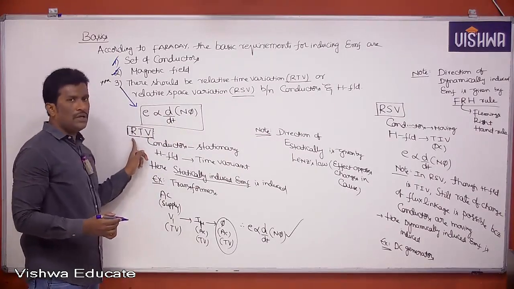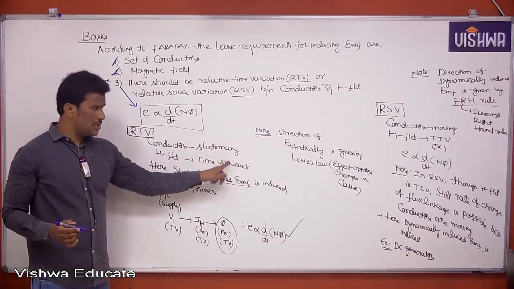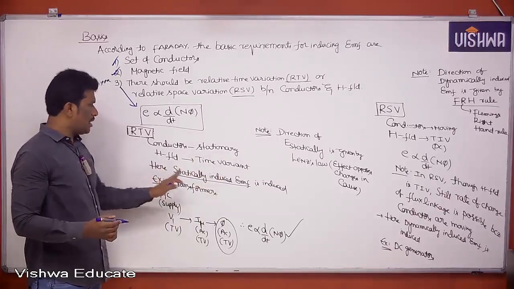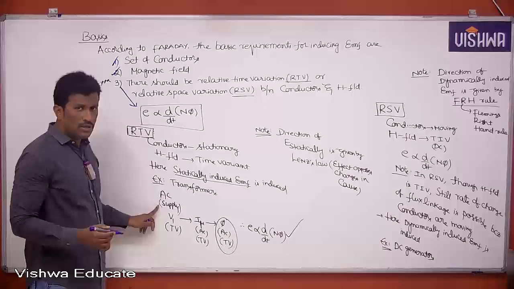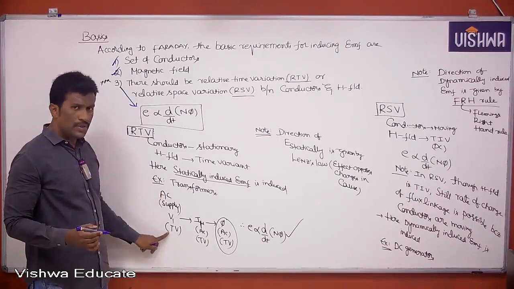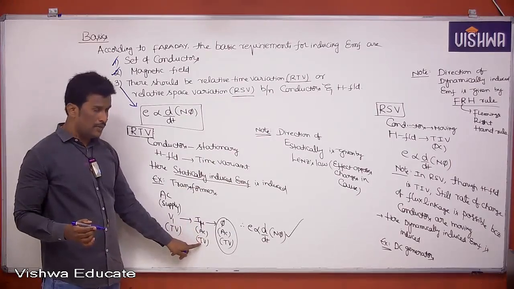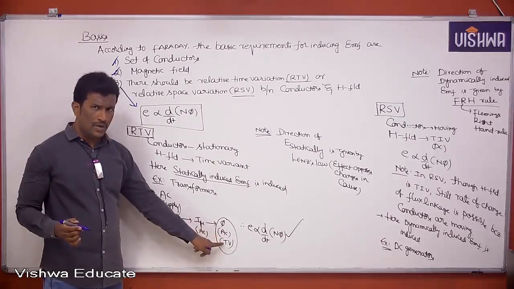If you see RTV, relative time variation, where conductors are stationary and magnetic field is time variant, here static induced EMF is induced. Example, transformers. Because in transformer, which type of supply is given? AC supply, time variant. Current taken by the transformer, AC, time variant. Flux produced in the transformer core is also AC, time variant.